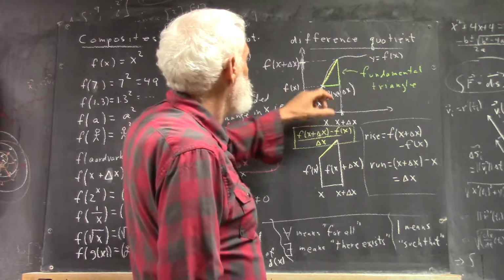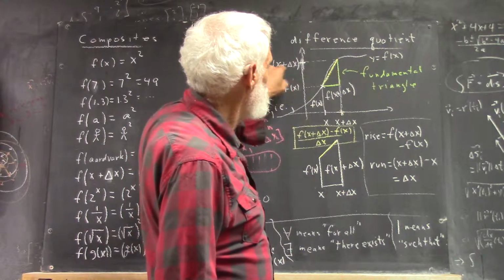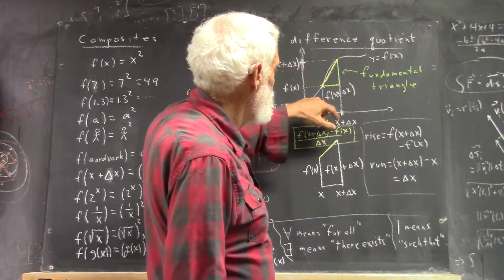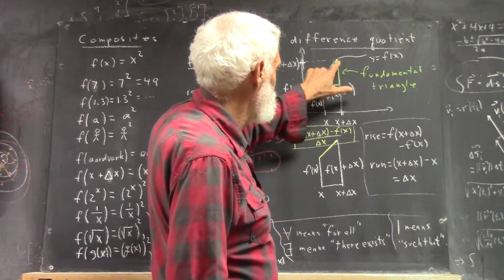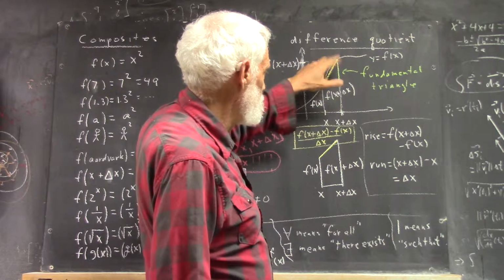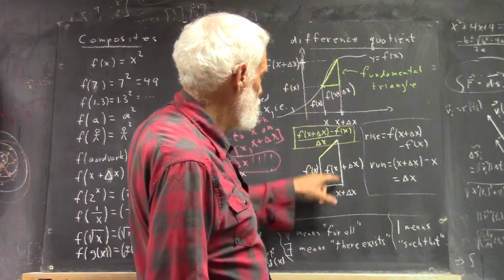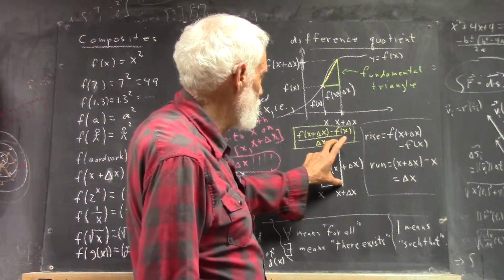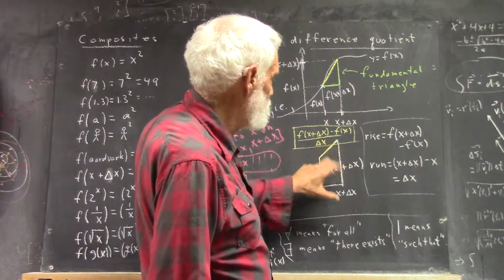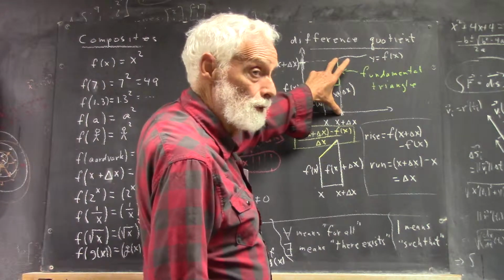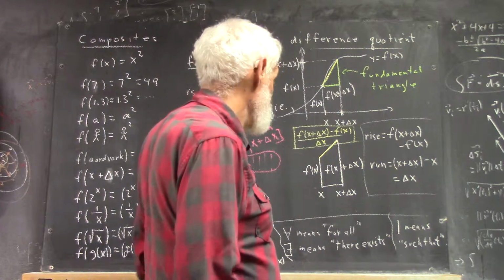So from here to here is f of x plus delta x. At the time I did this, I didn't have the green triangle in there, so it might be a little unclear where f of x plus delta x is, but this picture tells you that f of x plus delta x is this line from here to here on the graph.